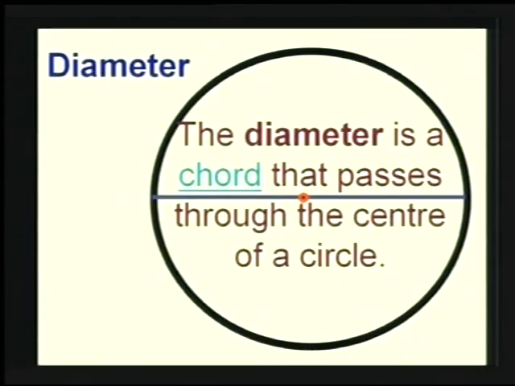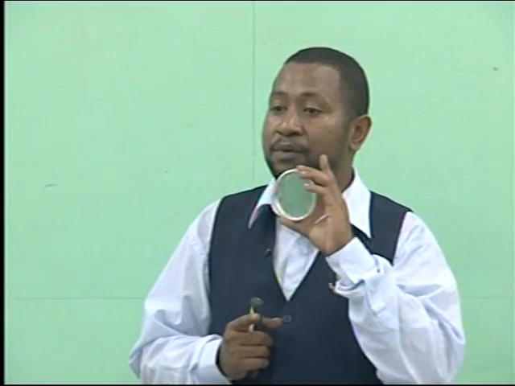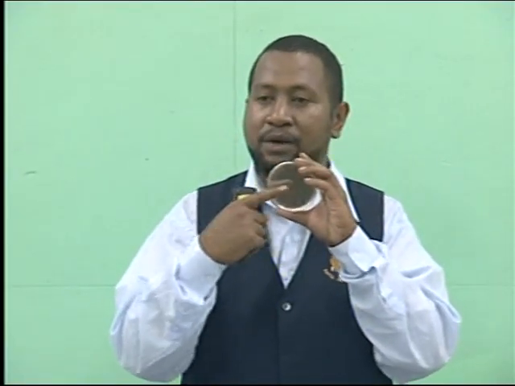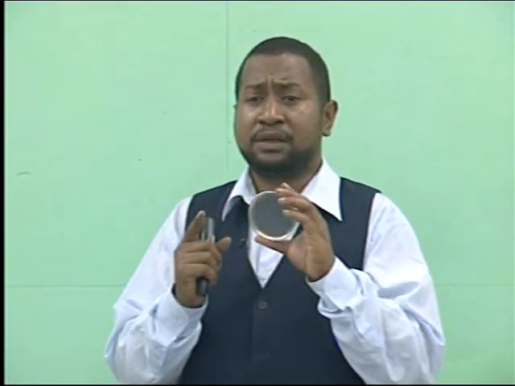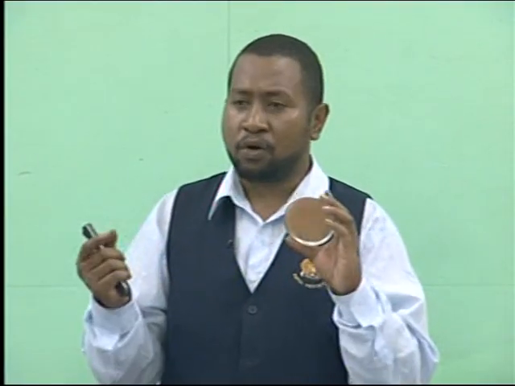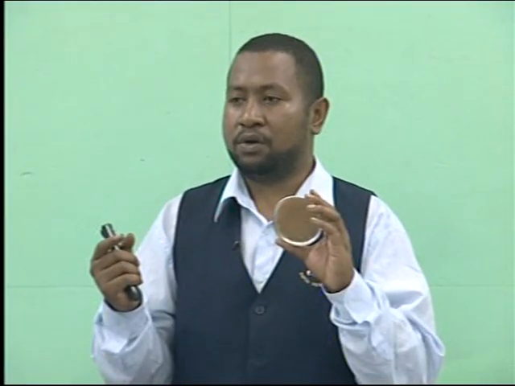Make sure that when a chord passes through the center of the circle, then it is a diameter. If it doesn't pass through the center of the circle, then it's not a diameter. It can be known as a chord or any other part of the circle. Is that clear?